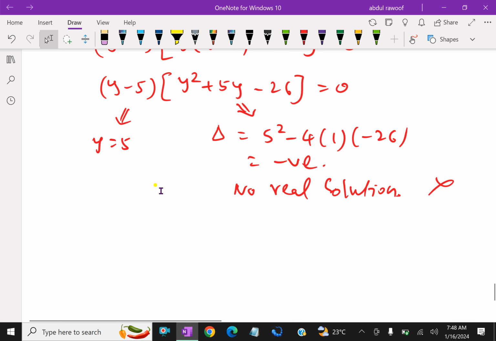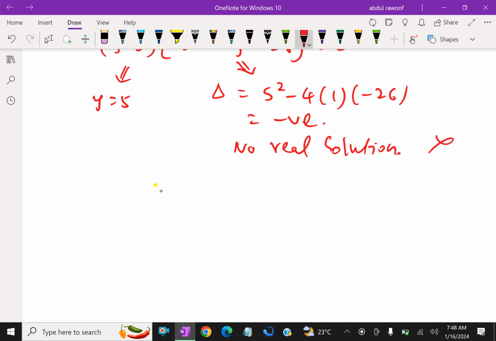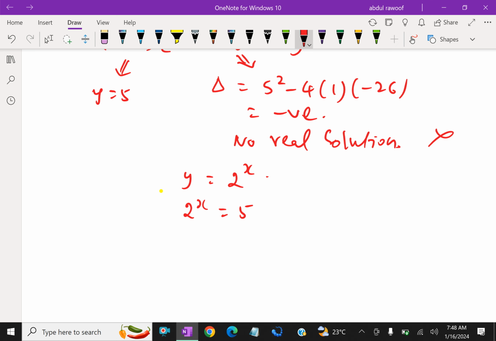Here y equal to 5, which means we already let y equal 2 power x. So therefore 2 power x equal to 5.